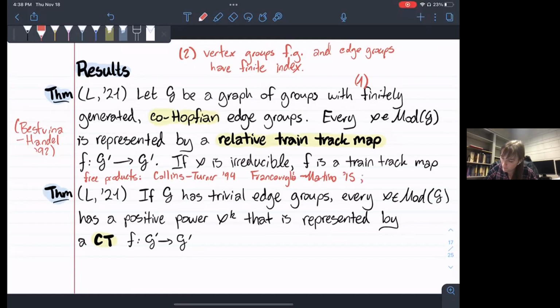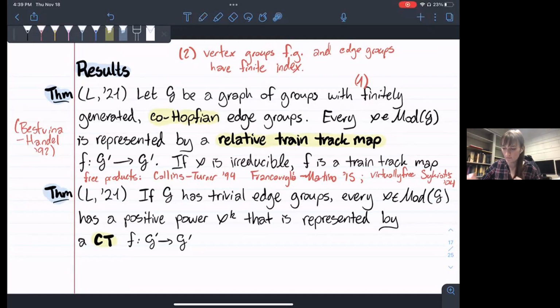Another case, certain virtually free groups, was done by Sikiotis in 2004. His situation was he wanted his edge groups to be finite of the same cardinality.